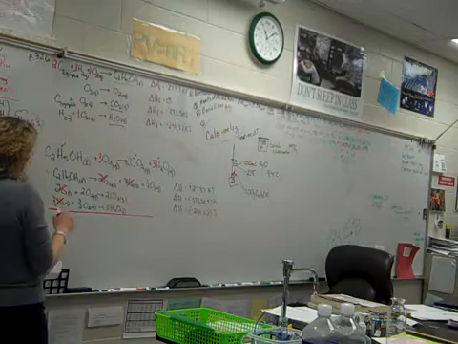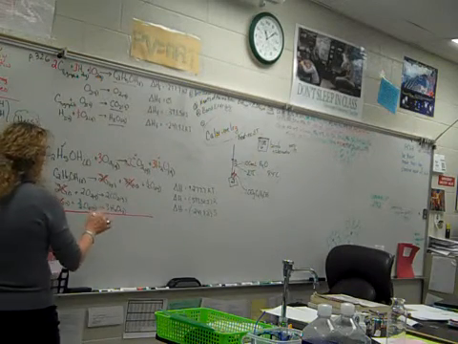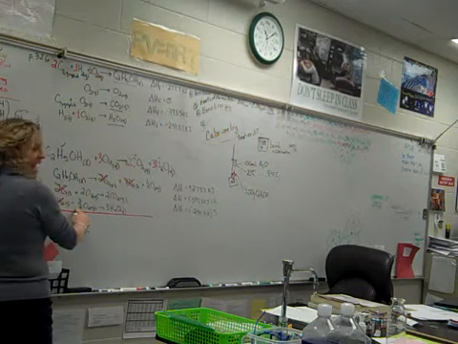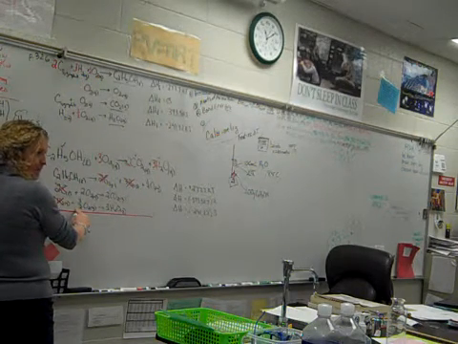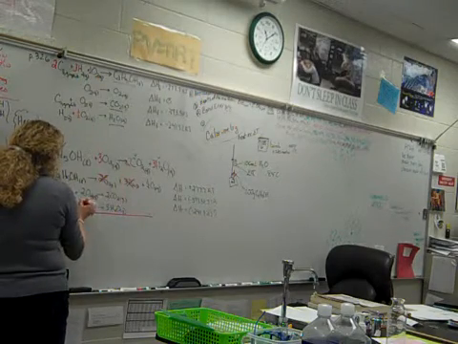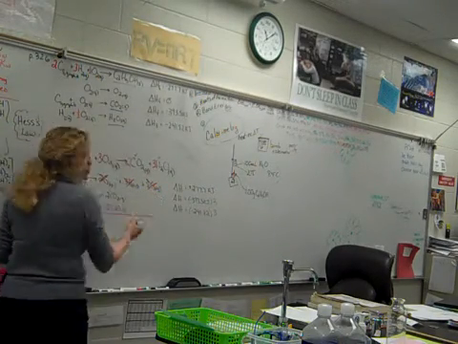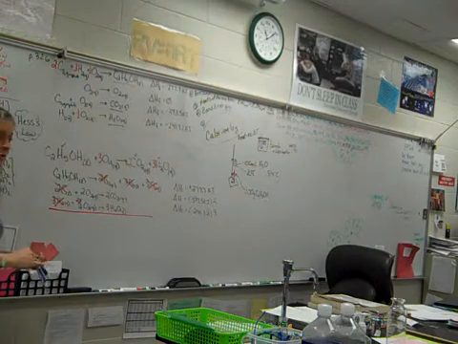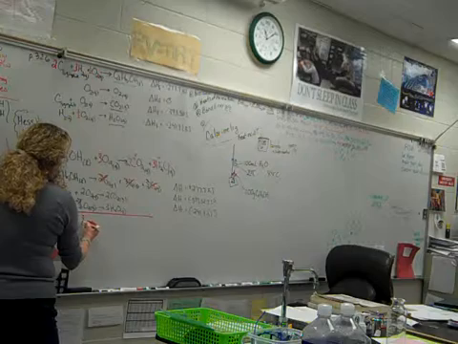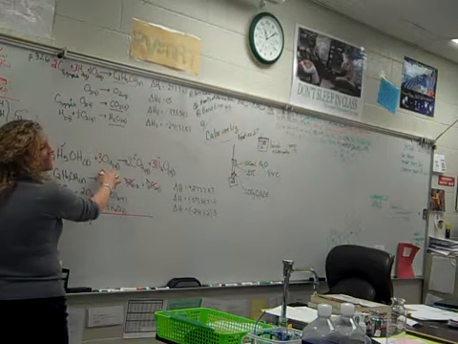Oxygens. This looks gross, but here's a half of an oxygen, and there's 2, and here's 3 halves of an oxygen. So 3 halves minus 1 half would be 2 halves. And isn't 2 halves the same as 1? So 2 and 1 makes 3 oxygens, and that's what I needed.